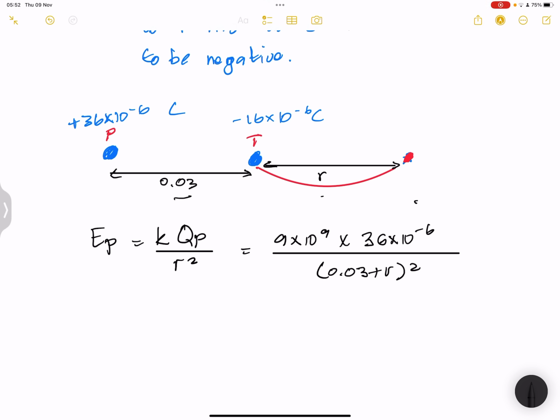That's the expression for the field due to P.